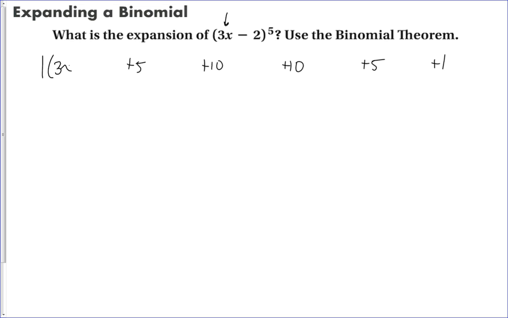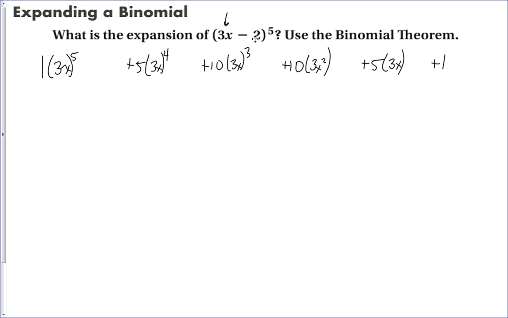So 3x to the fifth, then 3x to the fourth, 3x cubed, 3x squared, and then 3x. Of course you don't have to write the last one because it's 3x to the 0, which is just 1.